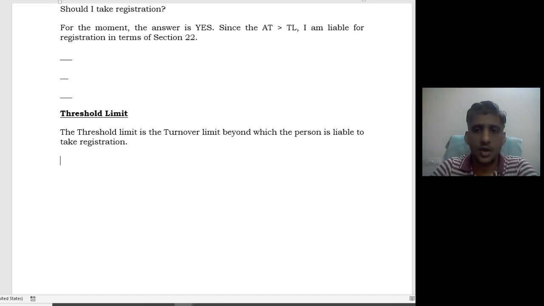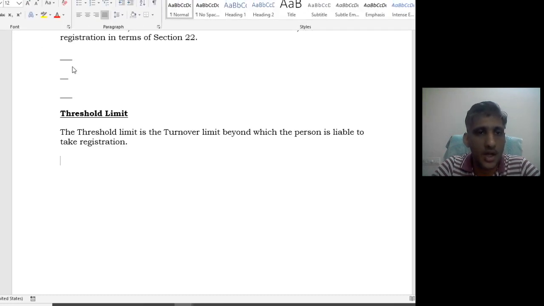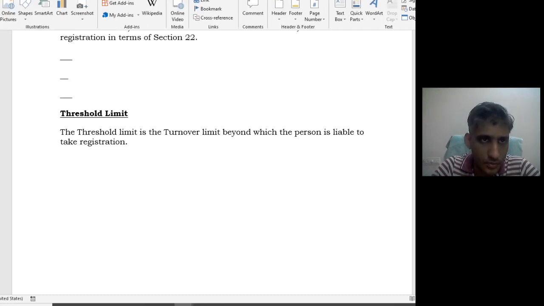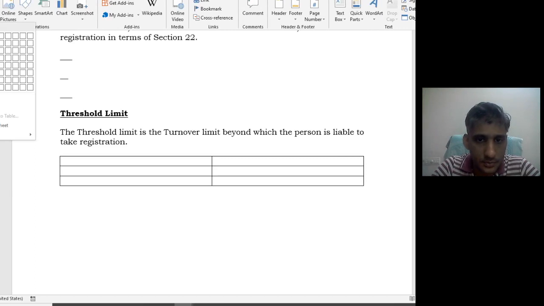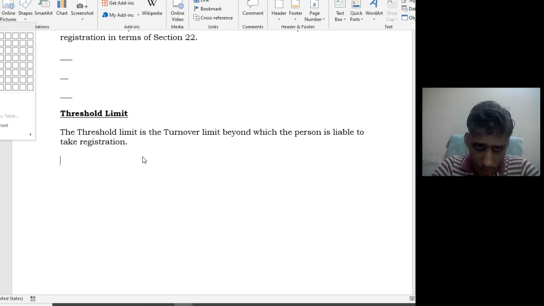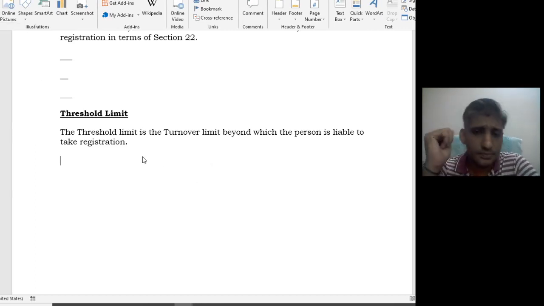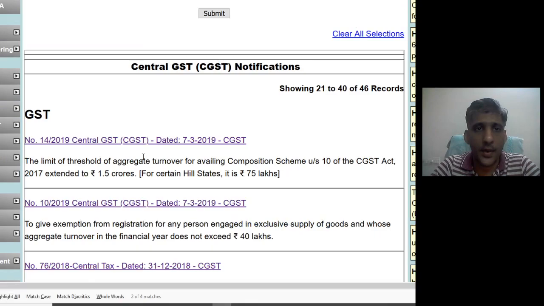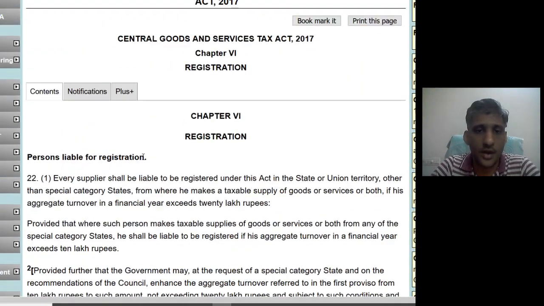So how to see the threshold limit? We'll put a table. Before putting a table, you should again understand the threshold limit we saw in section 22. What was the threshold limit?